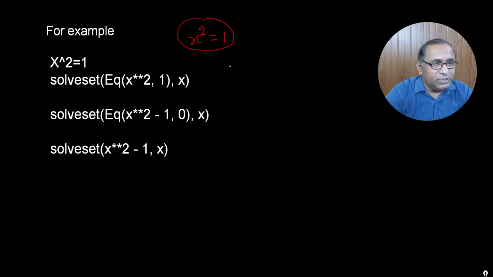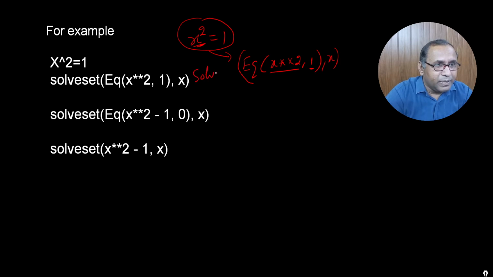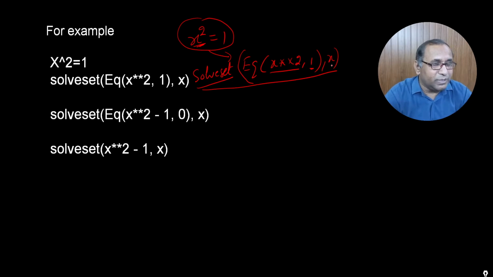Then first we convert it in syntax: Eq, x star star 2, and then 1. So the left hand side of the equation is x square and 1 is the right hand side. Then we have one more operator which is solveset. This solveset will be used to solve the equation, and this is the complete syntax which will be used to solve the equation.